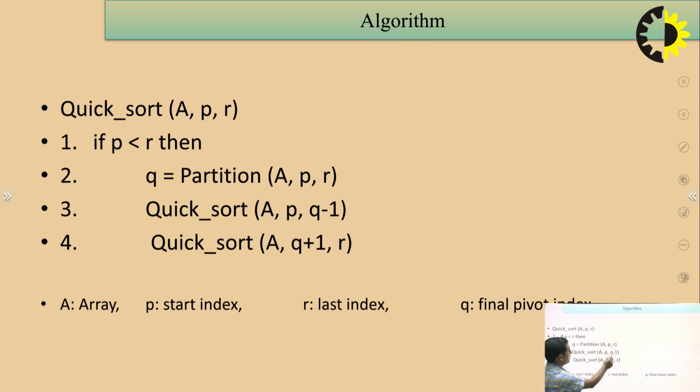This is the first half of the array, and this is the second half, that is Q plus 1, one index after the Q position, and the last index is R.